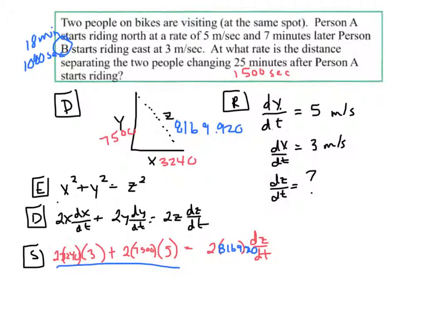So I divide both sides by that. And I will have dz/dt. And when I do that, dz/dt comes out to be 5.780 meters per second.